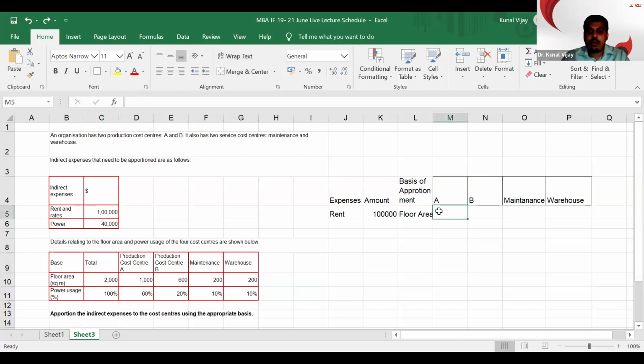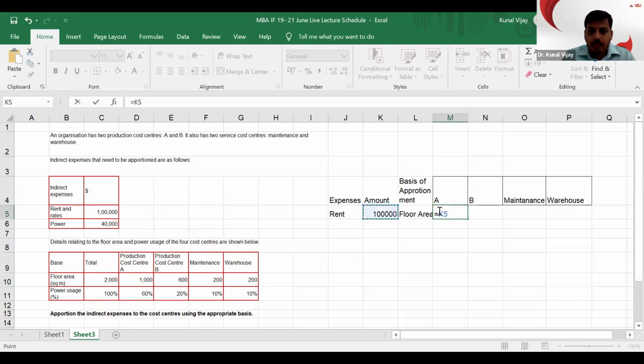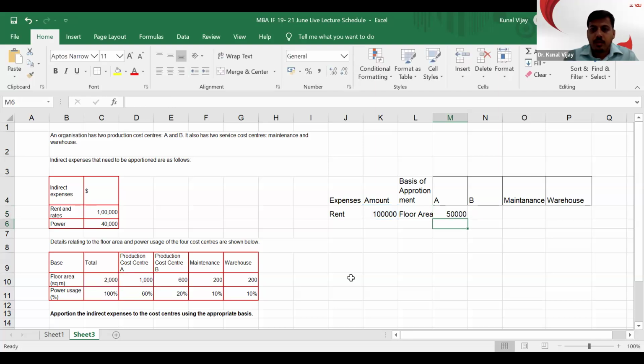So for A, my amount will be 1 lakh divided by total, that is 2000, multiplied by 1000. So it will be 50,000.